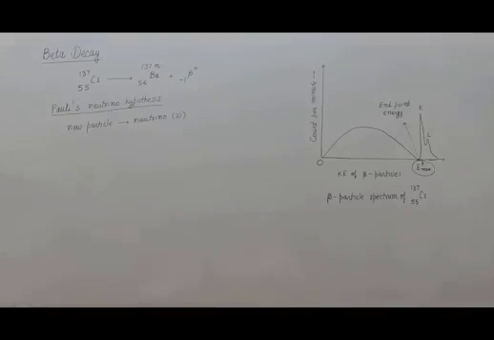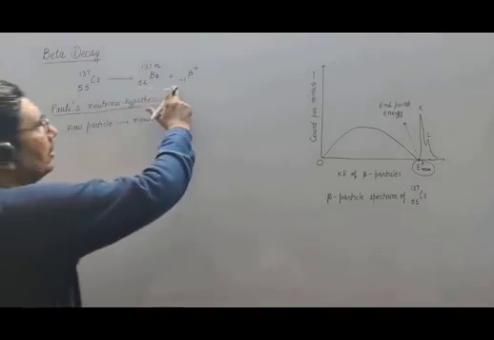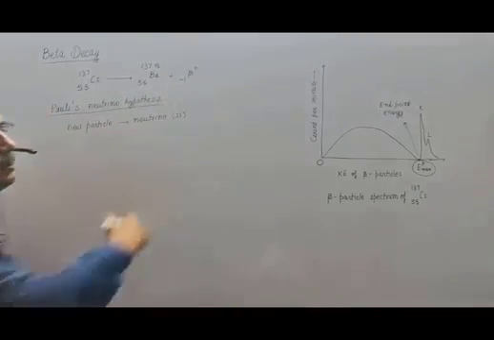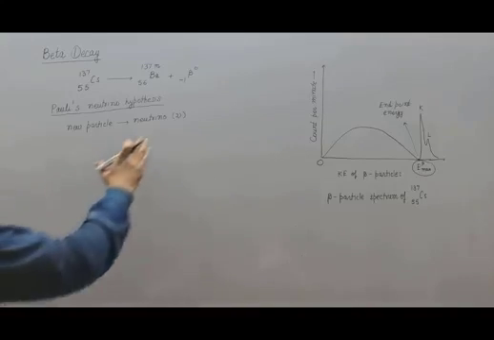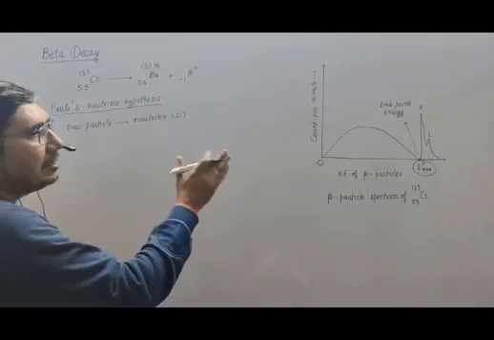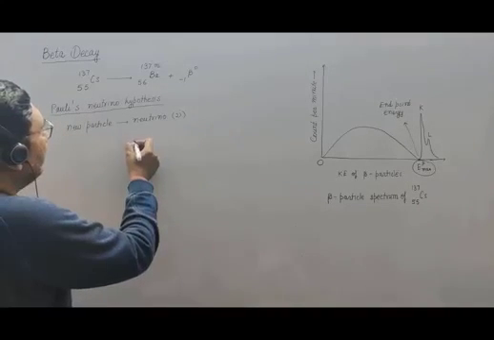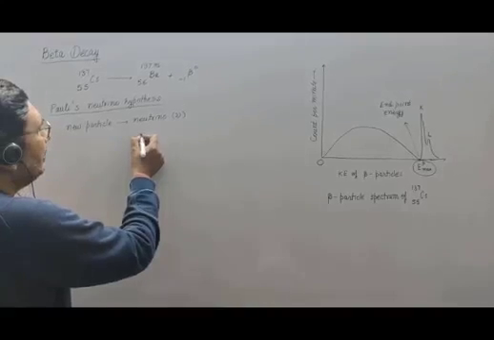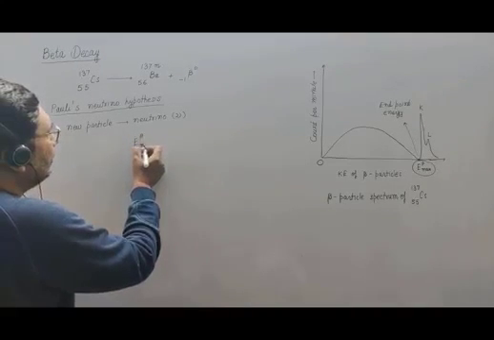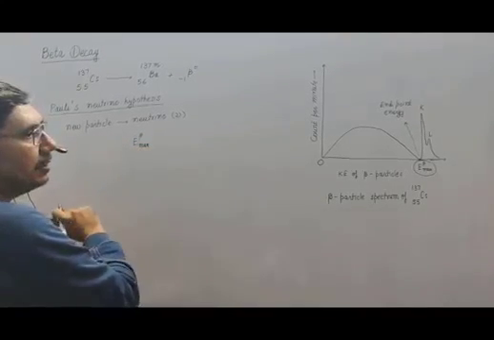So he was saying that this new particle, known as the neutrino, is also emitted in the beta decay process along with the beta particle, and this neutrino carries the rest of the energy. The maximum energy carried by the beta particle is E beta max.